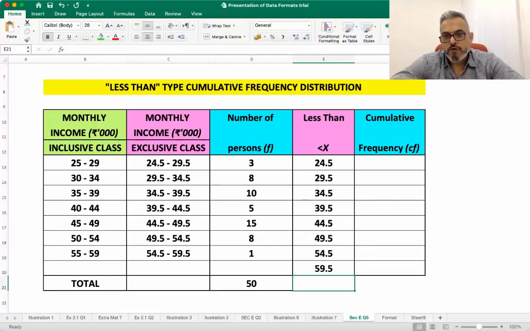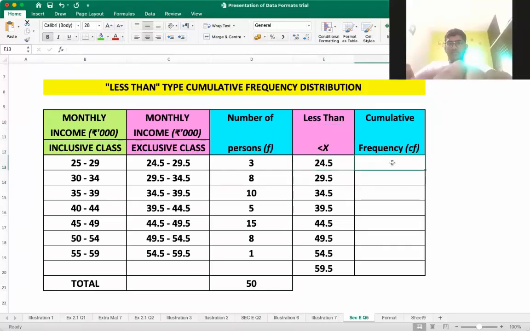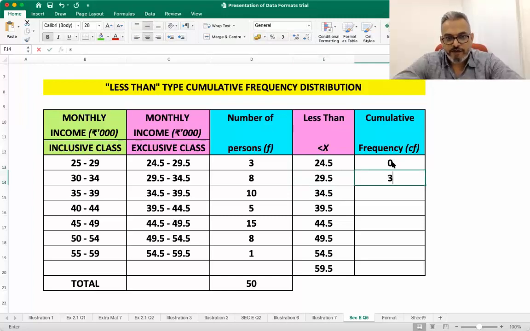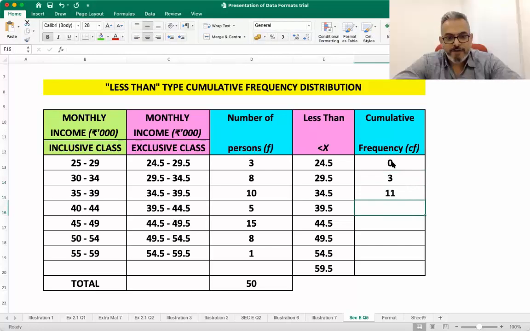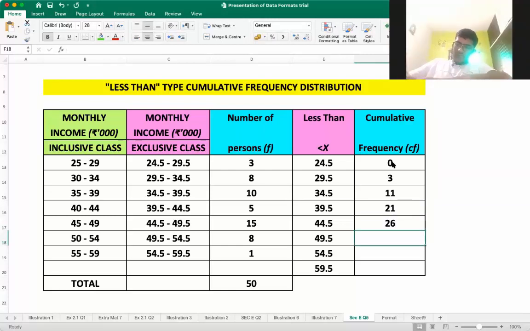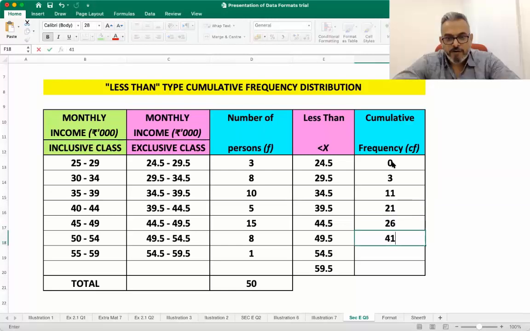Now, cumulative frequency. So now you know the trick how to do it. Less than 24.5 is 0. Then 29.5, 0 plus 3, 3. 3 plus 8, 11. 11 plus 10, 21. 21 plus 5, 26. 26 plus 15, 41. 41 plus 8, 49.